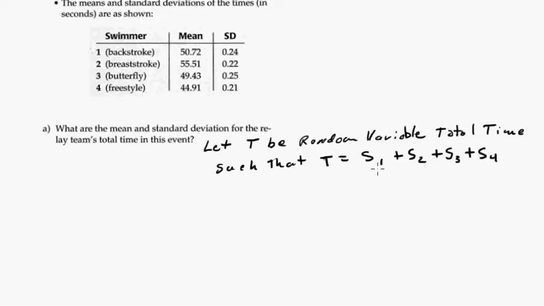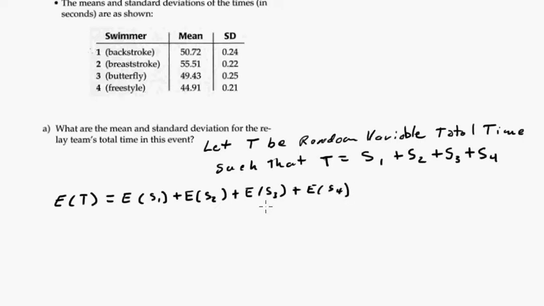That might save some notation. So the expected value of T is just the expected value of S1 plus the expected value of S2 plus the expected value of S3 plus the expected value of S4, swimmer 4.